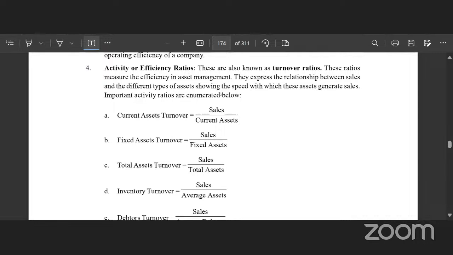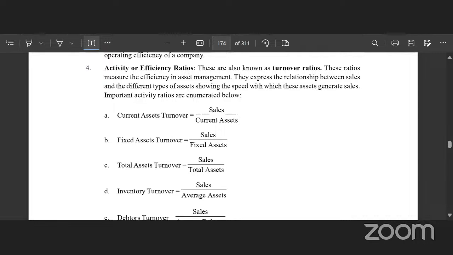Suppose the current assets turnover ratio is 10. What it means is that for every 1 rupee of current assets I have, I am generating a sale of 10 rupees.